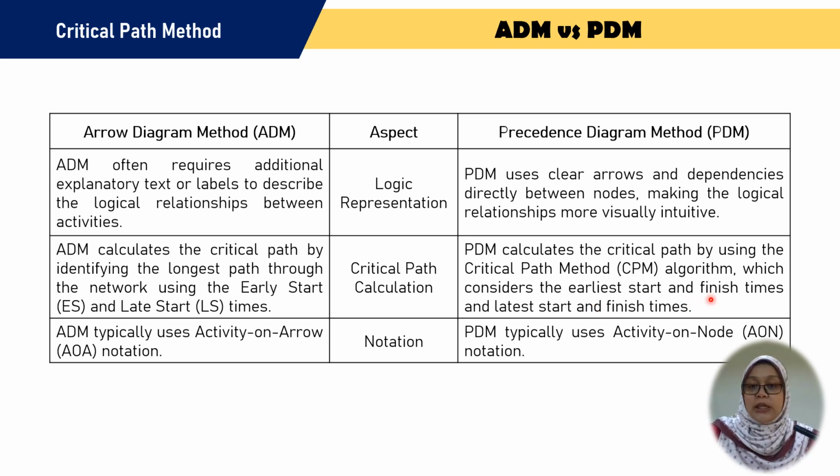And the notation for ADM typically uses activity on arrow, or AOA notation, whilst PDM typically uses activity on node, AON notation. So now you have a clear picture of the differences between ADM and PDM.